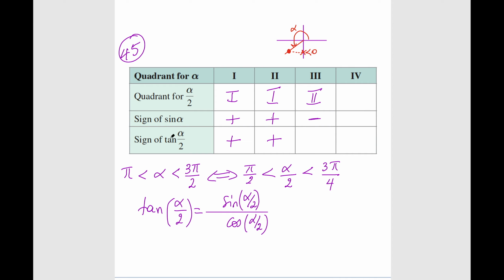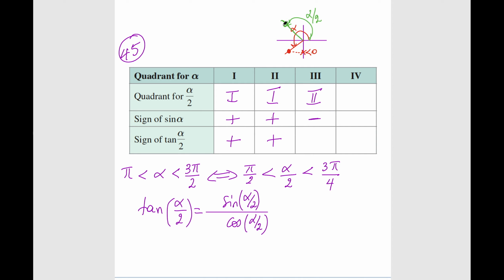Okay. How about tangent of alpha over 2? Well, alpha over 2 is in quadrant 2. Alpha over 2 is in the second quadrant, maybe something like this. Okay. So this angle can be alpha over 2 in the second quadrant.